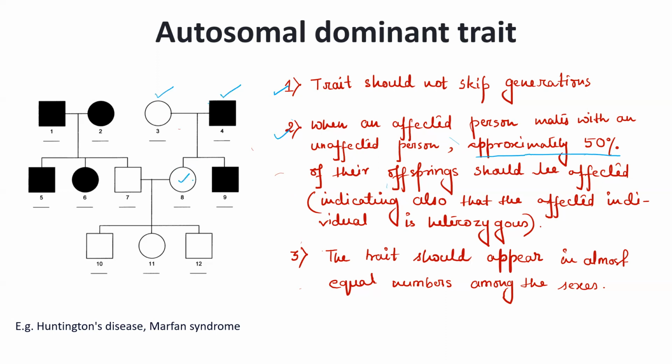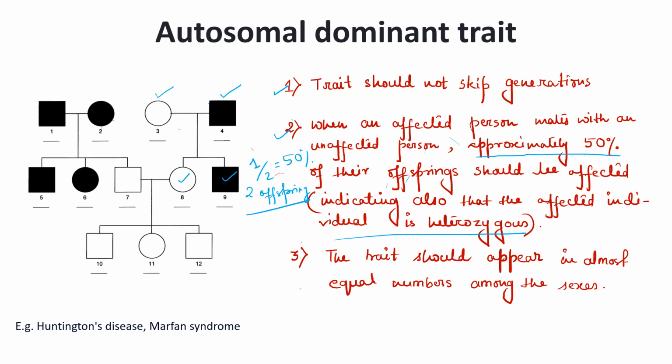This one and this one. Out of the two, one is affected. This means 50% affected, indicating also that the affected individual is heterozygous. Correct?